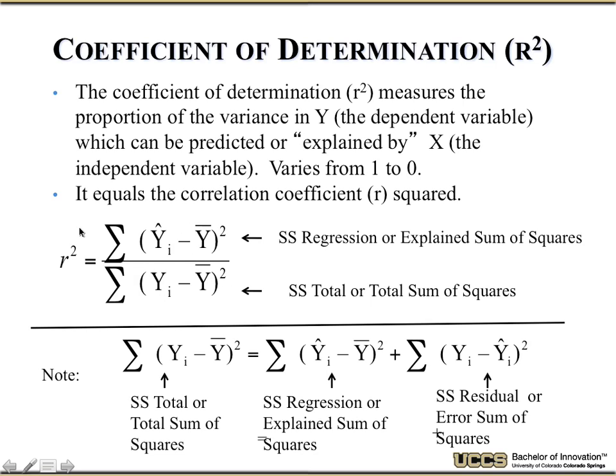So this is the sum of my predicted squared errors divided by the variance of the raw data. And if you expand this out, you'll see that the total sum of squares is equal to the regression sum of squares plus the residual errors. So these are just an expansion of the total sum, which relates them.